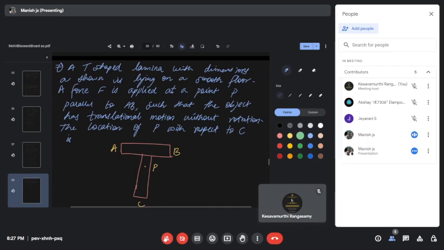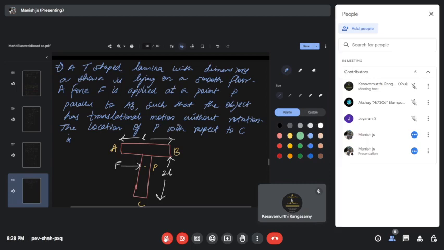The force is applied. So I'm now showing you that part also. This is a point where force is being applied. And this is length L. And this length from here to here, it is 2L.